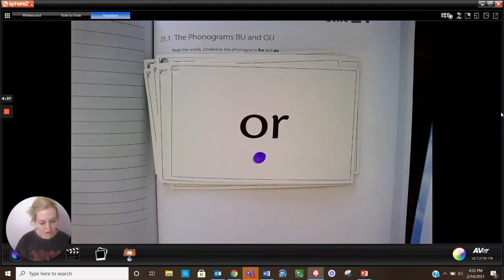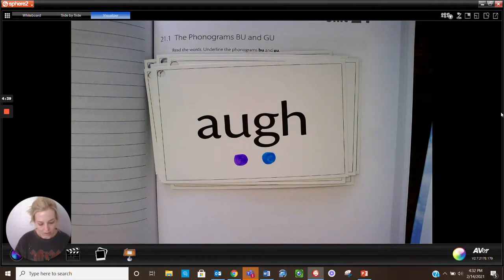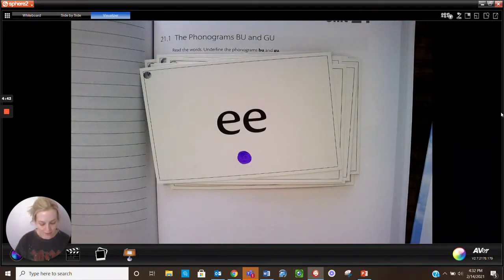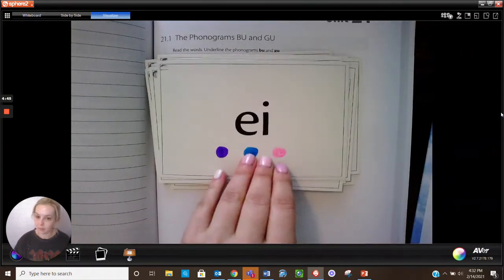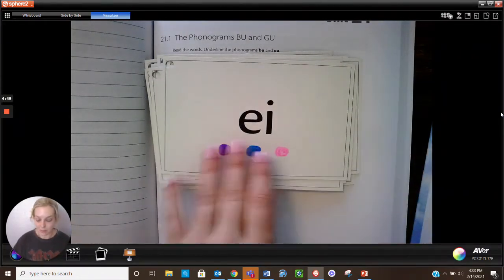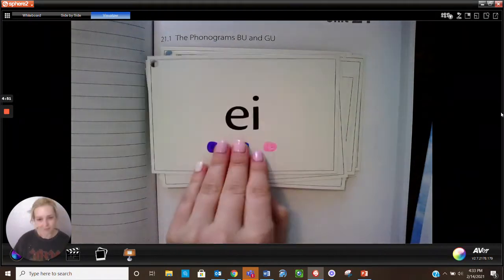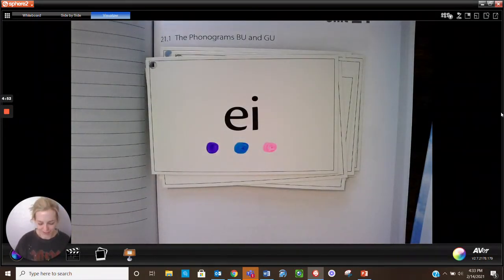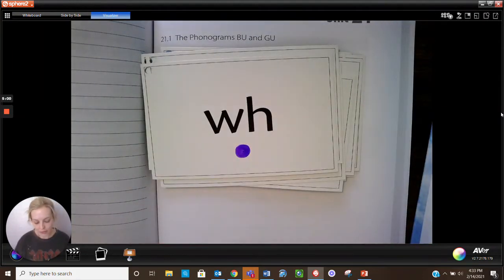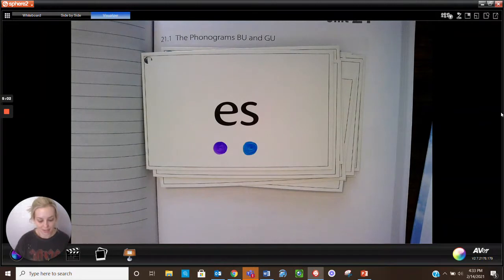Ng, or af, double E, I, that may not be used at the end of English words. Yep, just gotta check that spelling rule. I, three-letter I. Ez, z.